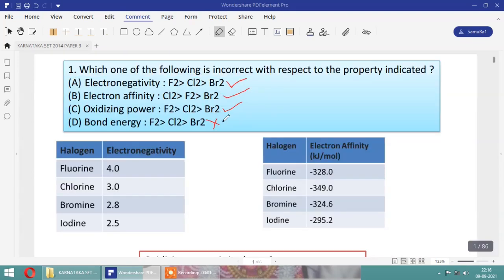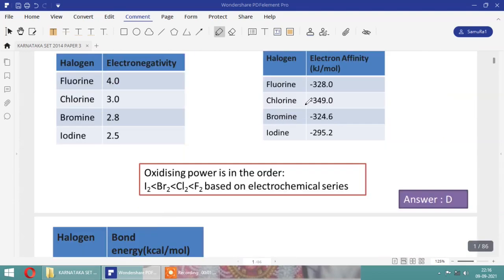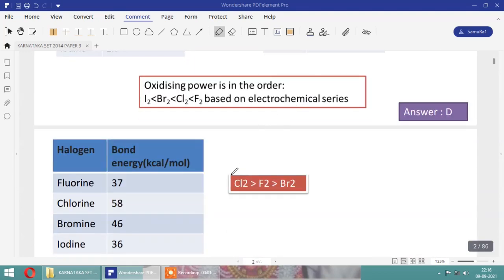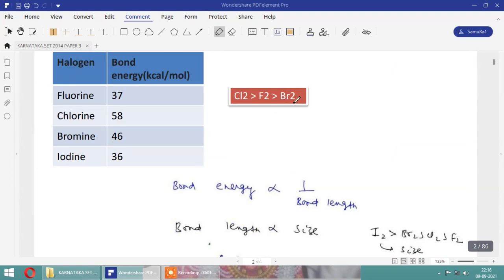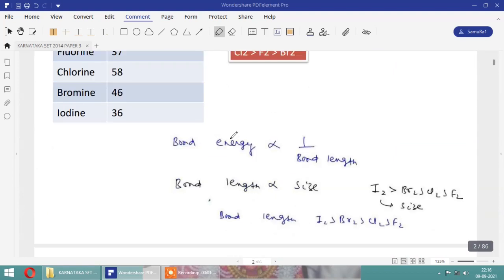So option D is the incorrect statement with respect to property. Option D for bond energy, chlorine greater than fluorine, than bromine. Here you see bond energy is inversely proportional to bond length, and bond length is directly proportional to size. Size of iodine is greater than the size of fluorine.